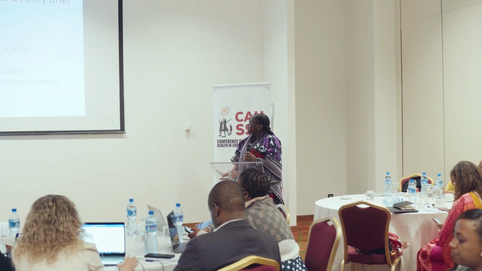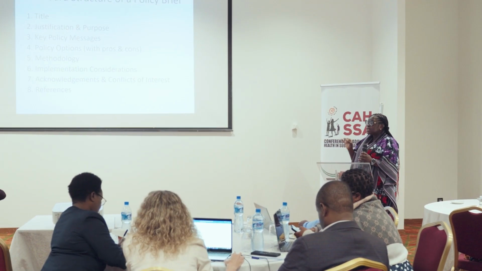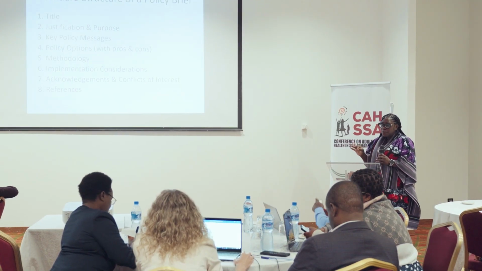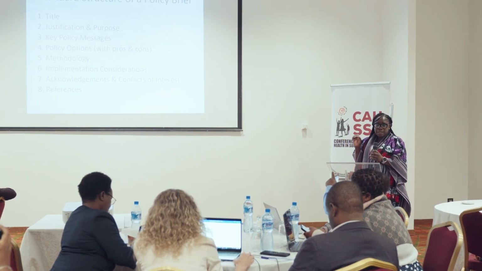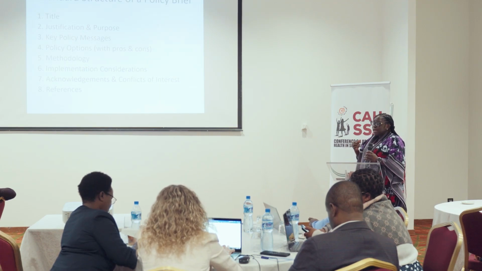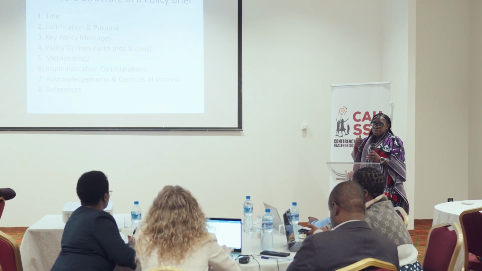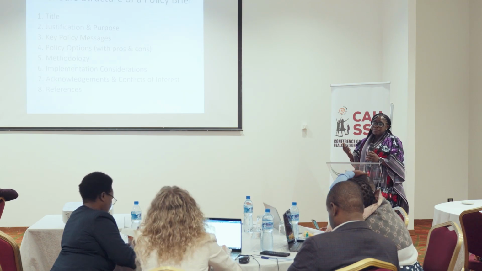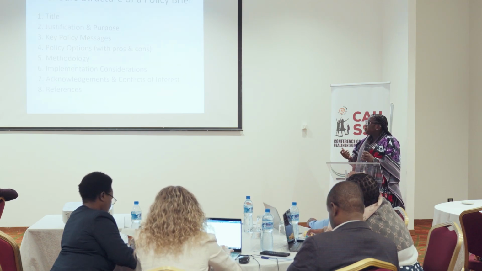So this is the standard structure of a policy brief as recommended by WHO and very many other organizations. We should have a title, a very clear, concise title, and it should have justification and purpose. There should be a key policy message or key policy messages. What is the take-home message? What is the action that you'd love your audience to take? There are different policy options, and you need to show the advantages and disadvantages of the policy options that you are proposing.